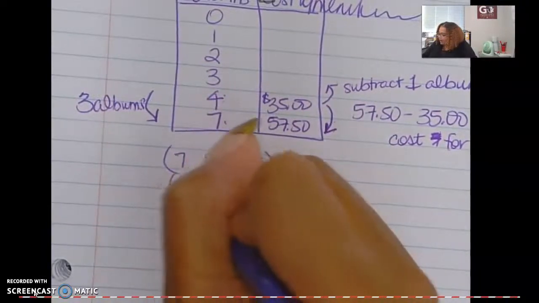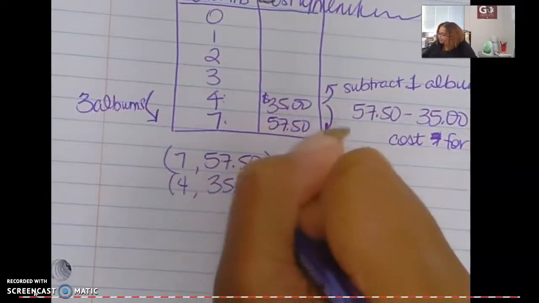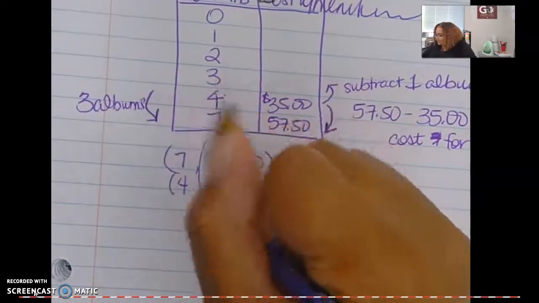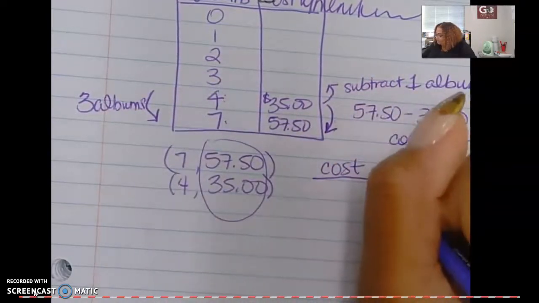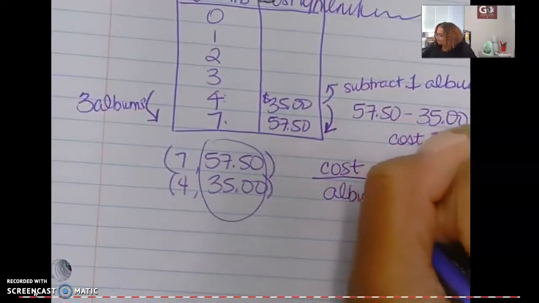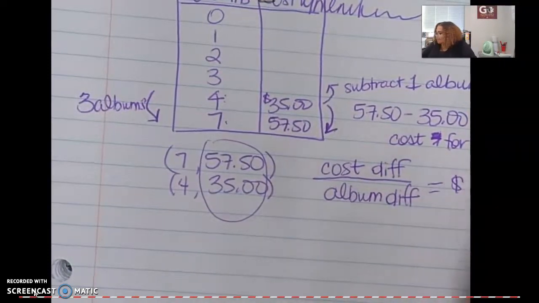And then 4 albums is $35. So I need to find the difference in my cost divided by the album difference. And that's going to give me a cost in dollars and cents.